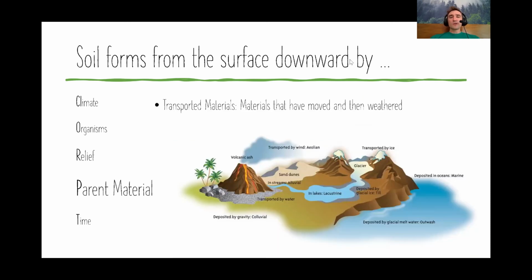And then our transported materials are materials that have moved and then weathered, and they can be moved by a variety of different mechanisms. And here's a diagram showing some of them. We've got the glaciers, the oceans, the lakes, streams, volcanoes with wind, and gravity.